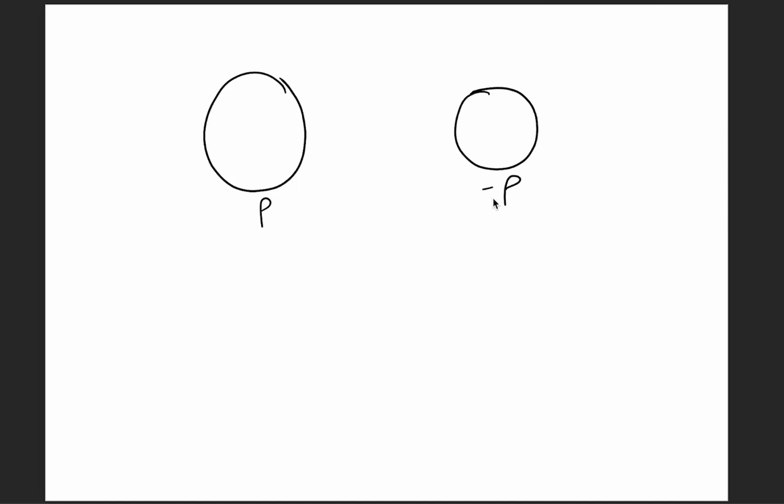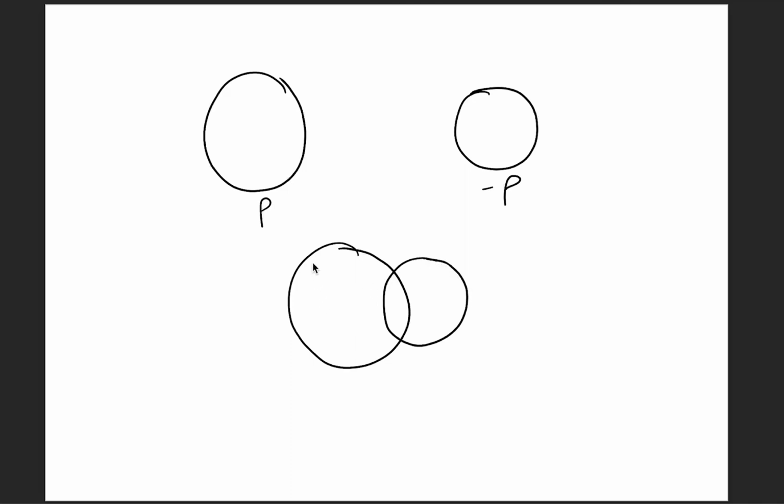Let us say we are given two spheres, sphere 1 and sphere 2, with charge density rho and minus rho, and let us say these two charged spheres are overlapping each other, like this.